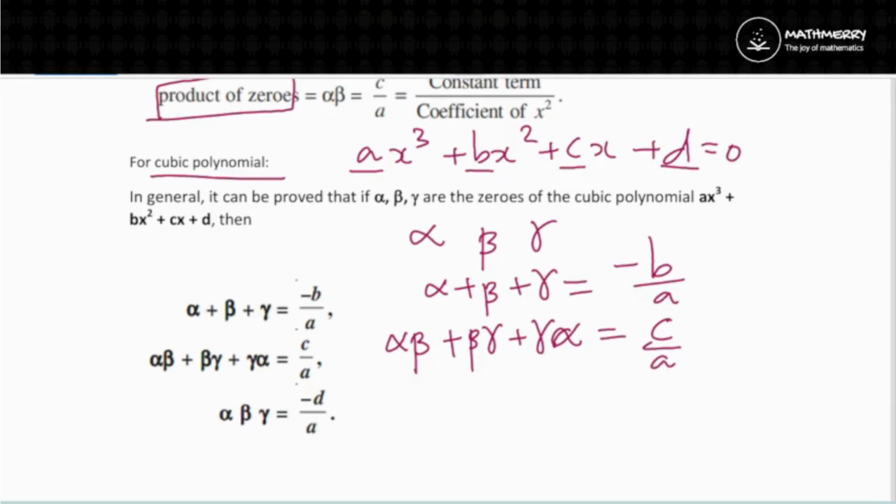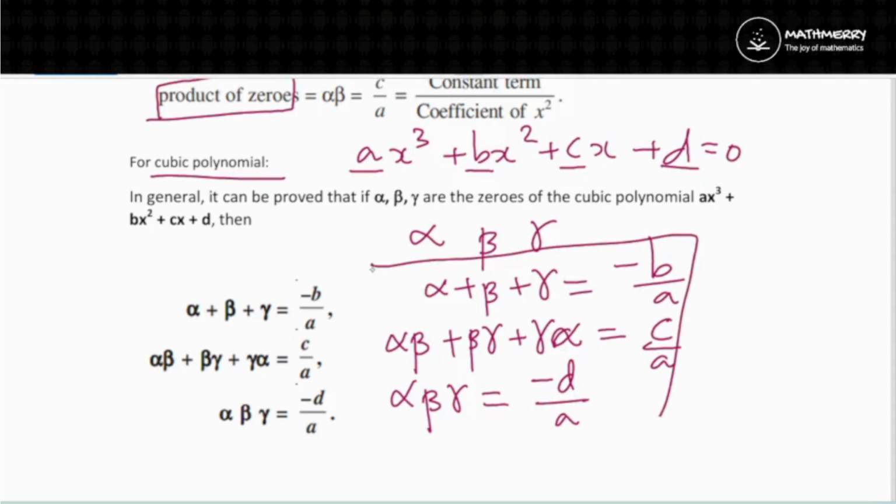Next is the product of the zeros. Alpha into beta into gamma is minus d by a, where d is the constant and a is the coefficient of x cube. So these are the three relationships possible for a cubic polynomial.